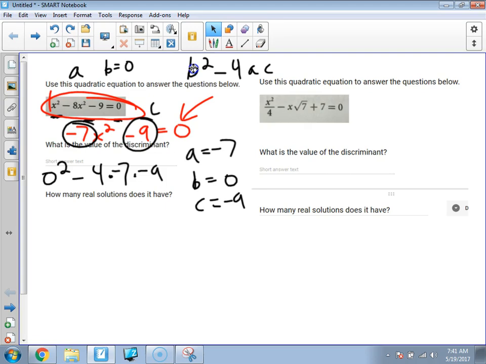This one I might need a calculator for. We definitely want to make sure we do this math correctly. It is a negative times a negative. We get 252. So that is 0 minus 252.